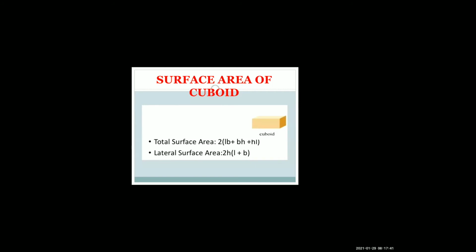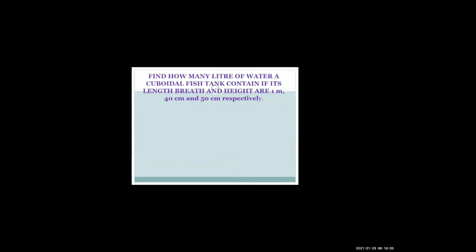So it is 2 into LB plus BH plus LH. When you talk about lateral surface area, we are not going to consider length into breadth. So 2 times LH plus 2 times BH, that is 2H into L plus B. These are the formulas which you are going to use, some in this class, some in other classes, which we are going to follow.